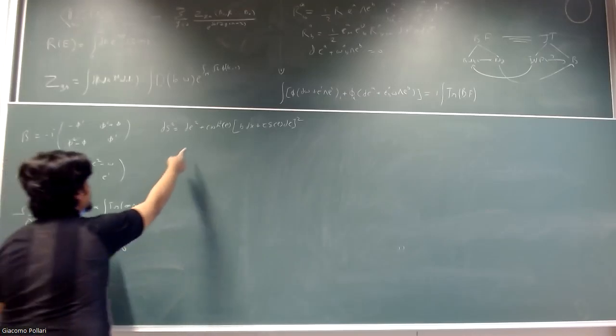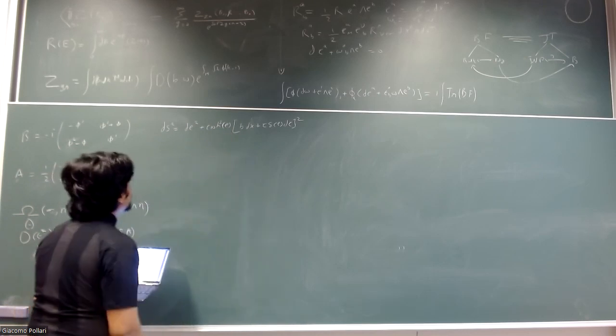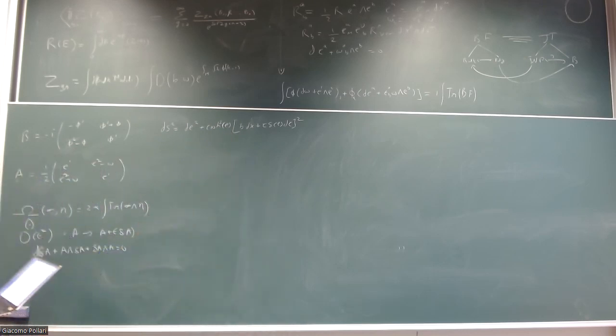With that, this is like E1, you get E2 from there, and then with E1 and E2, you can get omega.